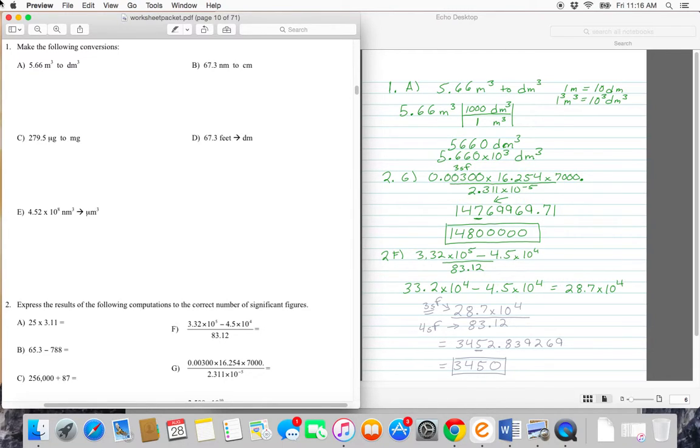Now we must take 28.7 times 10 to the 4th power and divide that by 83.12. Remembering our rules for multiplication and division say that we must report the lowest number of significant figures for any value that's being used in the division problem.